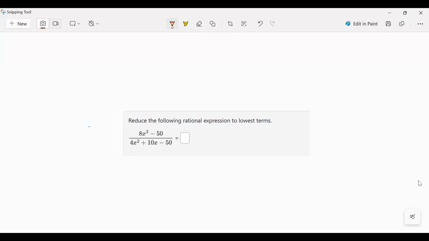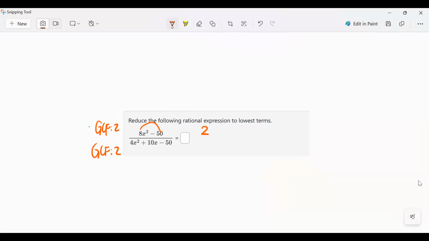Okay, so let's go over the solution. On the top, we're going to factor by GCF. Both numbers are even, so 2 is the GCF. On the bottom, the GCF is also 2.